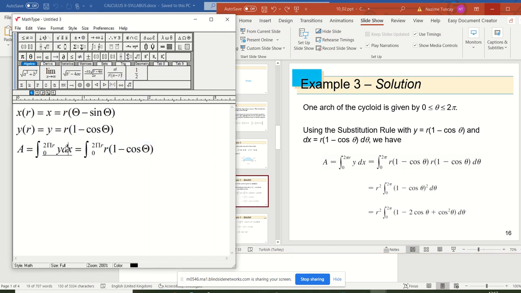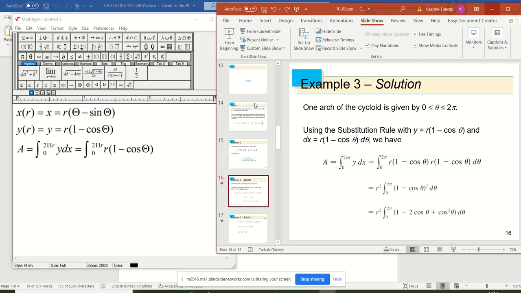I have to find this dx. In order to find dx, I have to take the derivative of this one, of both sides. So dx equals this one.